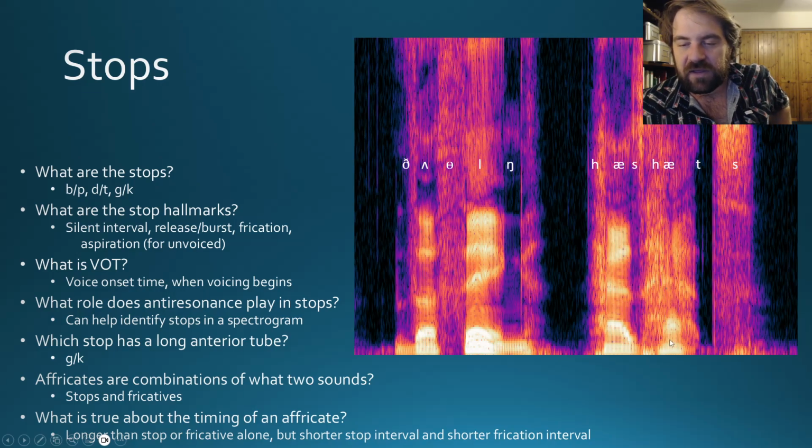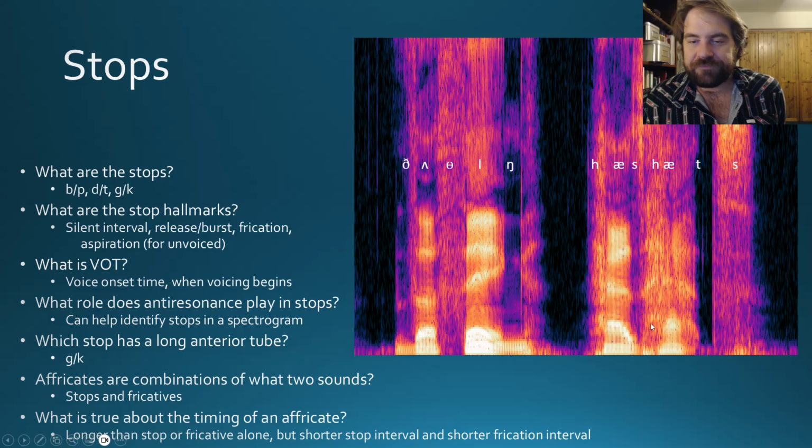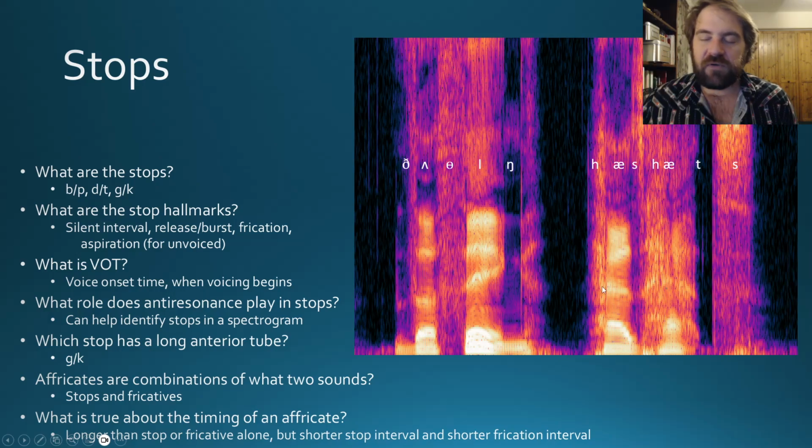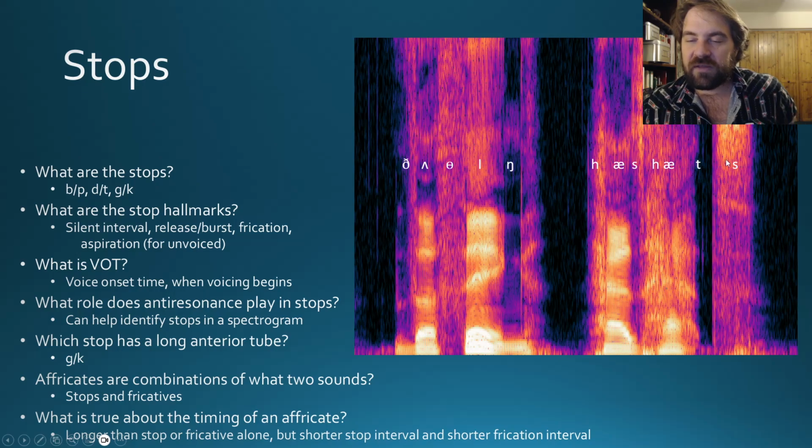You can barely see this second one. Here's the H again. Already has the formants that it's going to need for the vowel. So the thing has, there's the energy for the S up there. Hats. There's the energy for the S up there.